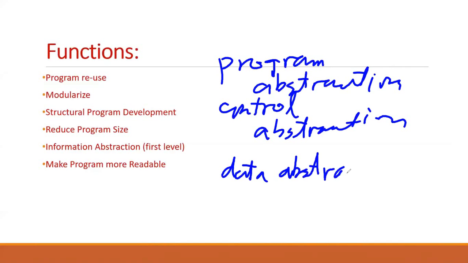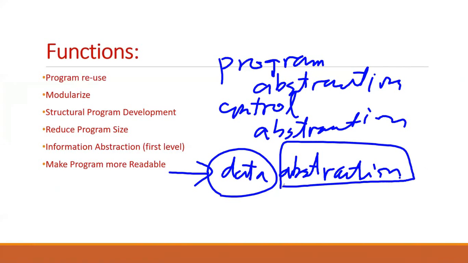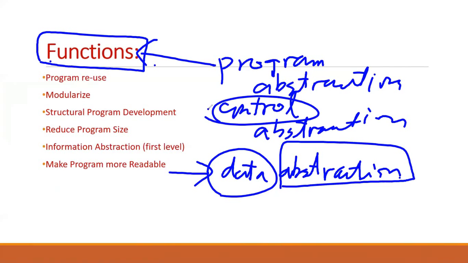The one I told you about person, staff, student, and teacher is data abstraction, where I analyze the data and abstract the common stuff together. And function is actually a control abstraction.